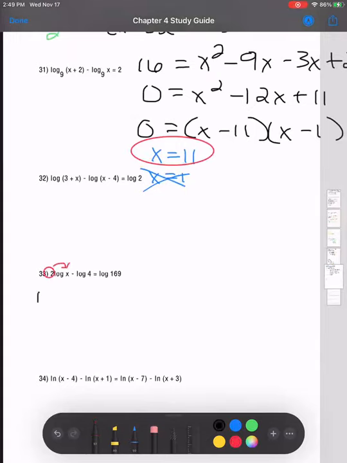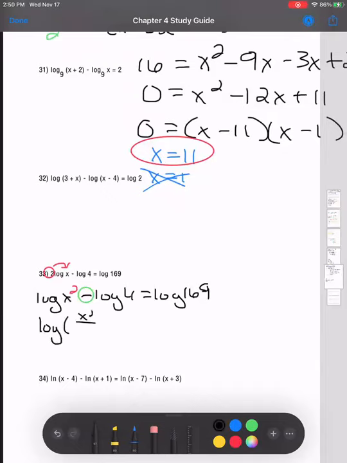So we are going to have log x to the power of 2 minus log 4 equals log 169. And then we're going to combine the logs on the left side. Because of this negative sign, that means it's going to be a division. So we are going to have log of x squared over 4 equals log 169.